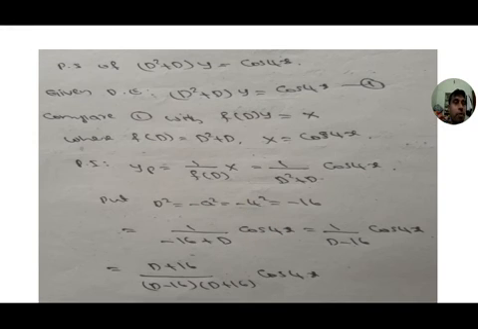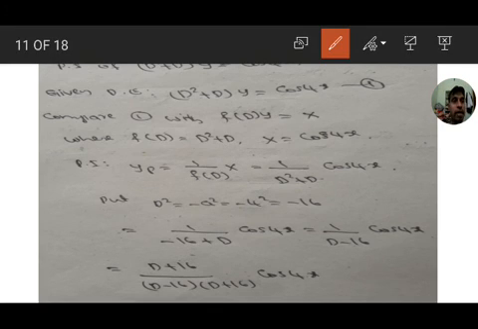Means in this problem we are comparing D square plus D of y equal to cos 4x with f of D of y equal to capital X. f of D equal to D square plus D, X equal to cos 4x.